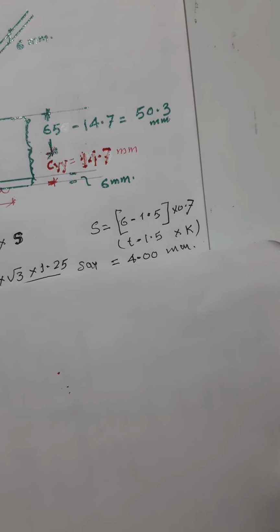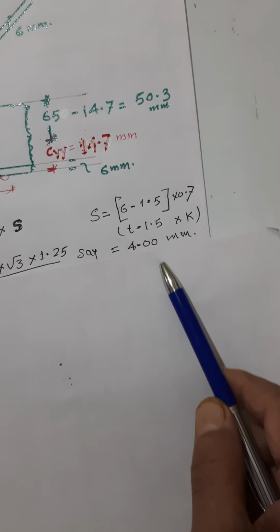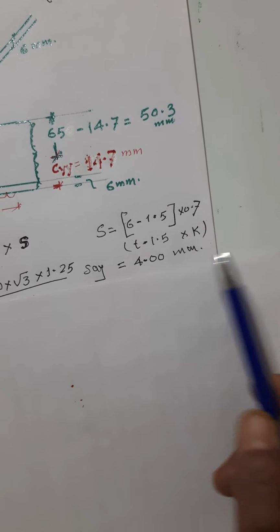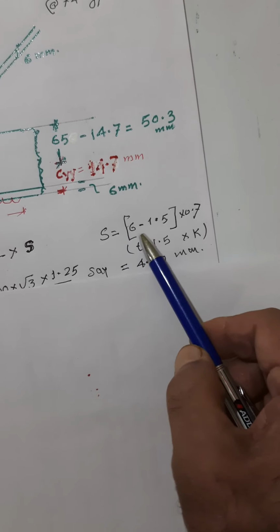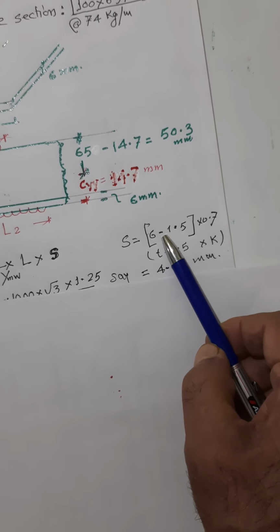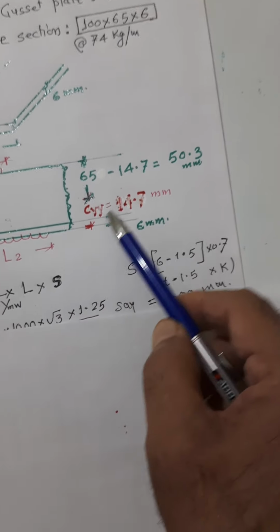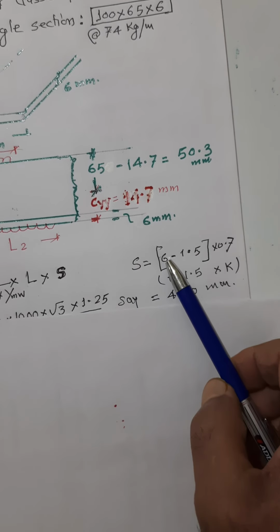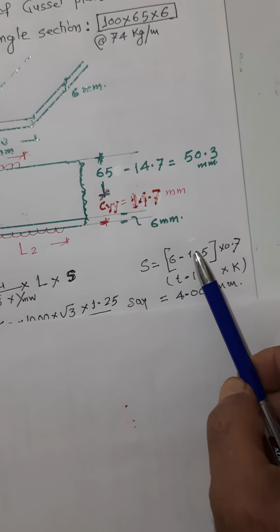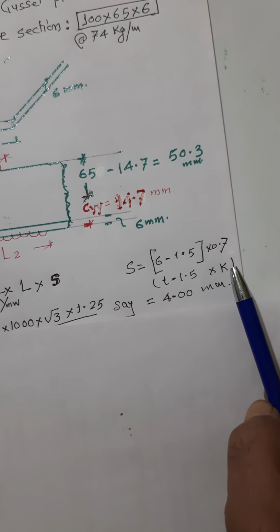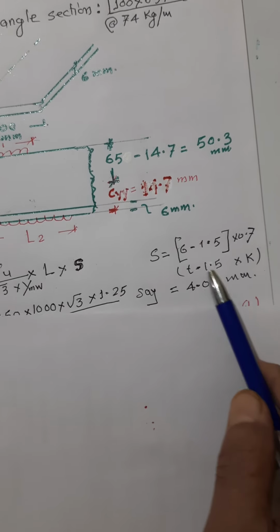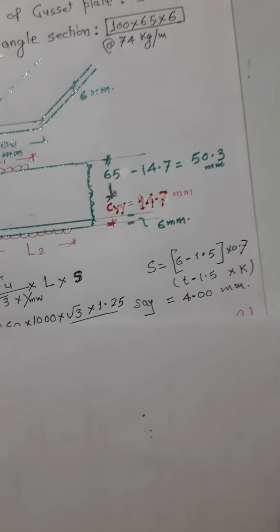It comes out to be 3 point something, so it is 4 mm. The thickness remains the same in both cases, so thickness of the section minus 1.5 into k, that is 0.7, rounding to 4 mm. So the size of the weld is known.